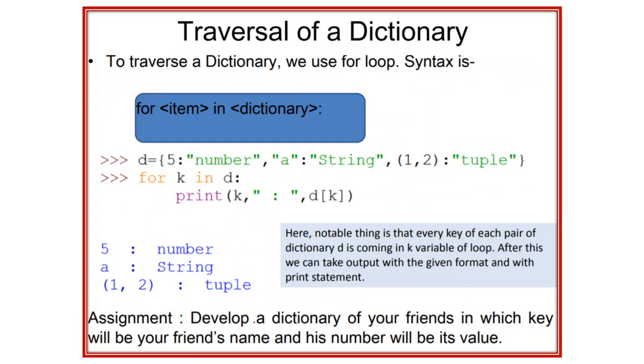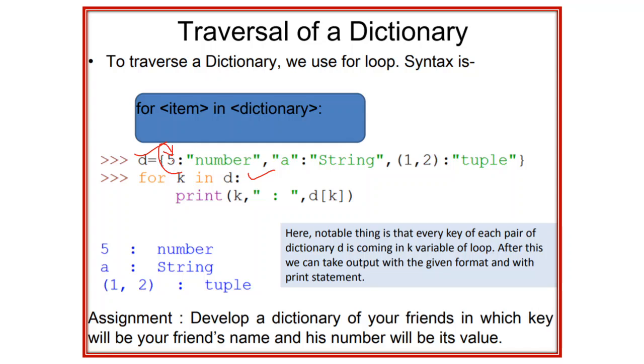Traversal of a dictionary. To traverse a dictionary, we can use the loop for item in dictionary. Here we have taken a dictionary D, and we can use this loop, for key in D. Now K will pick up keys one by one.